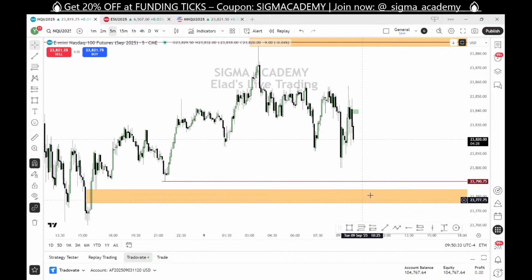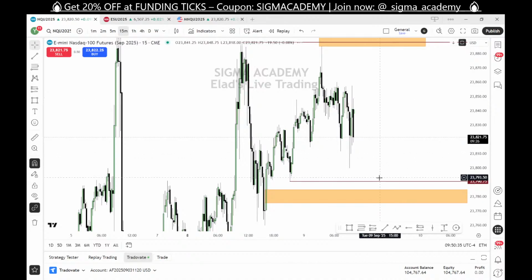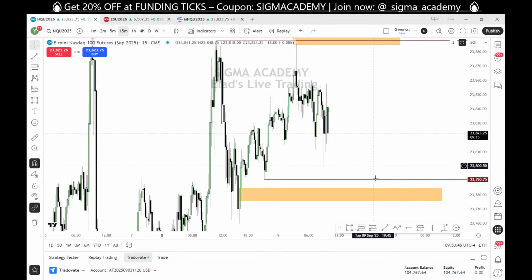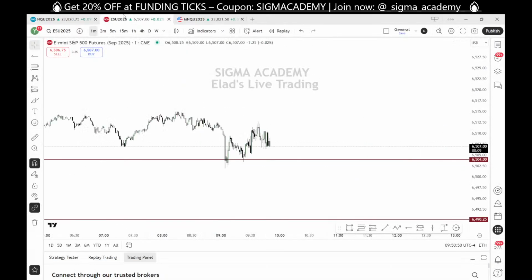You remember this low on the 15? Objective 1, taking liquidity. Objective 2, tapping into inefficiency. Day setups are like this.